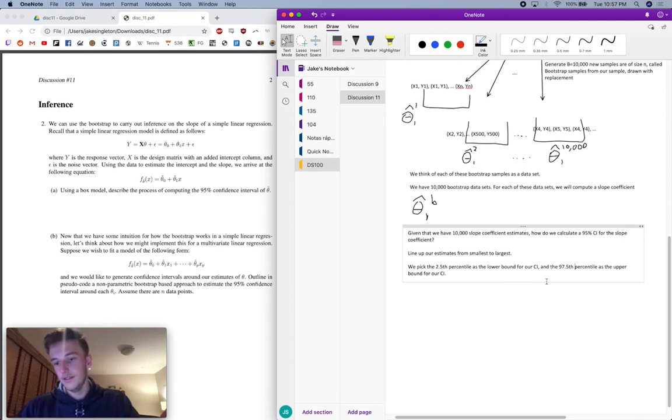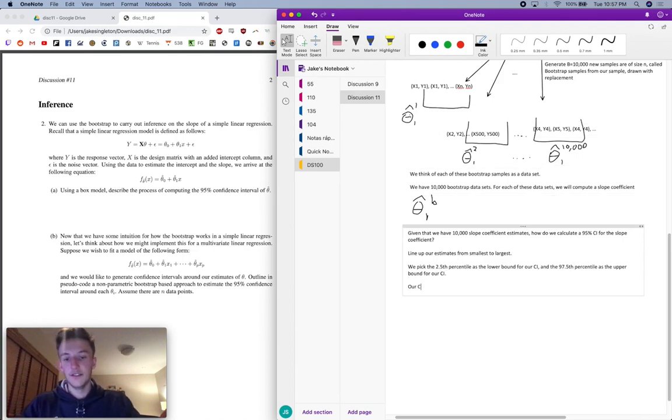So this is a 95% confidence interval. You can think of it intuitively because we're leaving out 2.5% on the bottom and 2.5% on the top. Okay, so this is our way of capturing the middle 95% of all of our estimates.